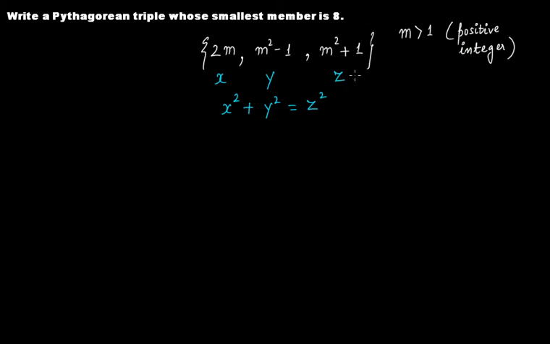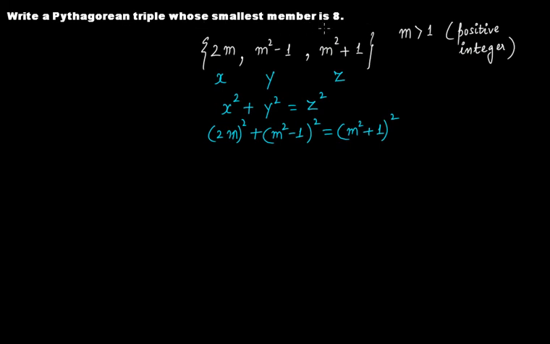It means (2m) squared plus (m squared minus 1) squared is equal to (m squared plus 1) squared, and m squared plus 1 will give the largest member.